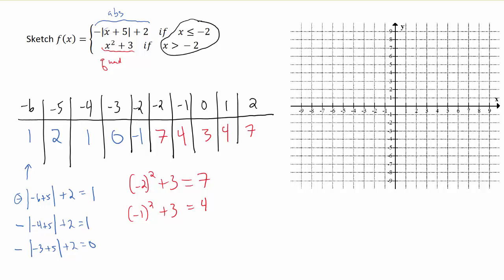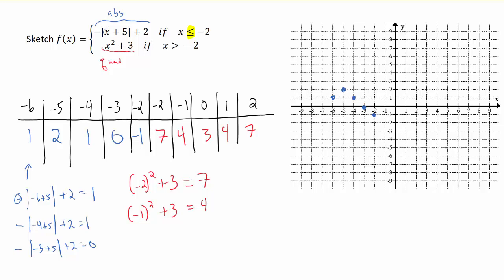Okay, let's plot some points here. I have (-6, 1), (-5, 2), (-4, 1), (-3, 0). Now, (-2, -1), let's be careful here. At (-2, -1), remember, x is less than or equal to -2. So I'm going to use a solid point at (-2, -1).